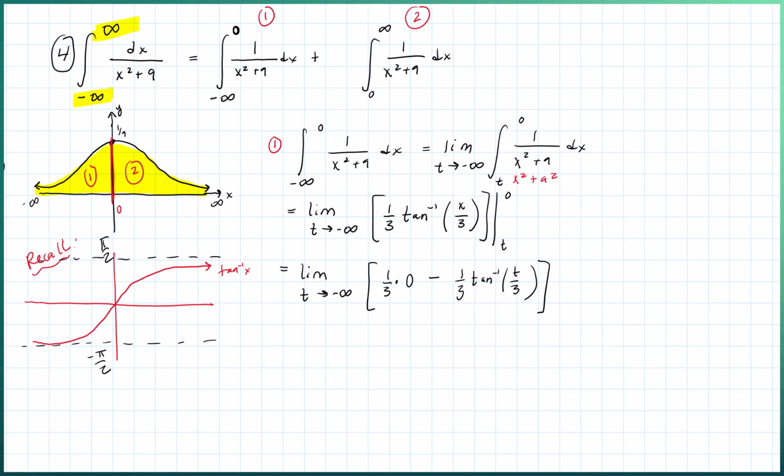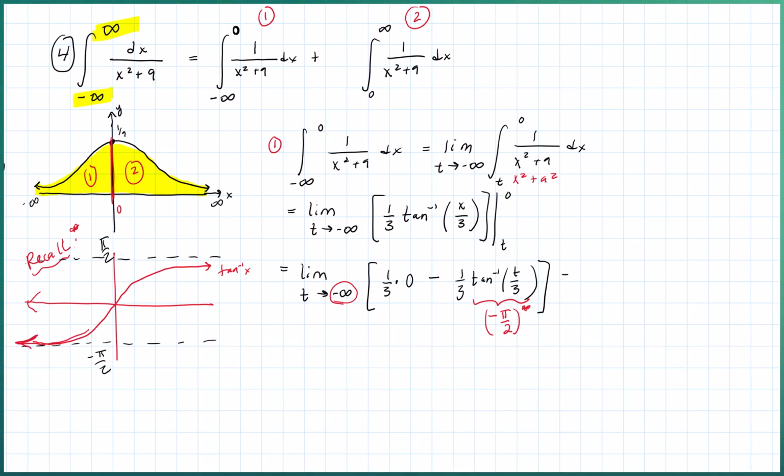So right here, as t is approaching negative infinity, this piece, the inverse tangent of negative infinity over 3, which is just negative infinity, is going to be approaching negative pi over 2 from our little recall here. I'll put a little star here. So as we're going out along the left side of the inverse tangent graph, as the argument is approaching negative infinity, the inverse tangent graph is approaching negative pi over 2.